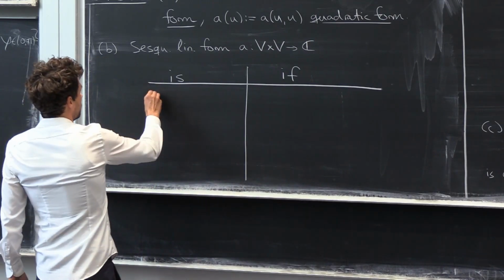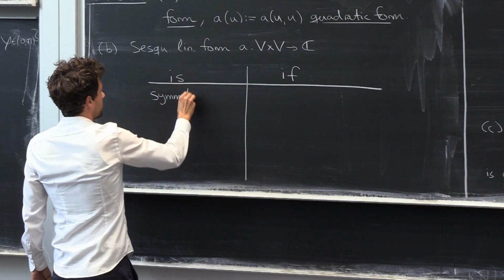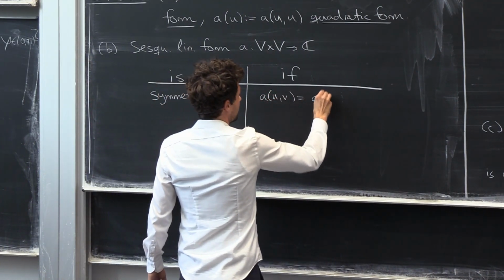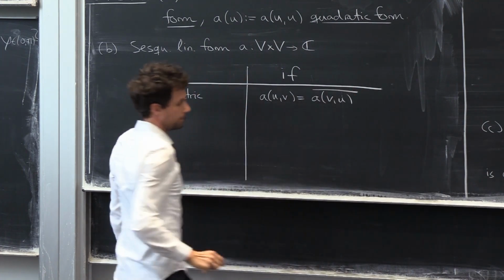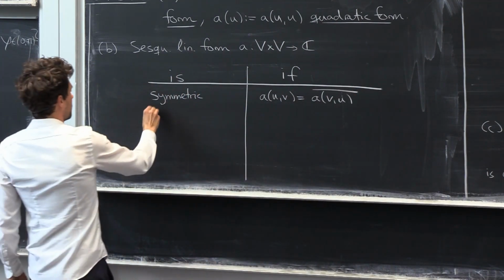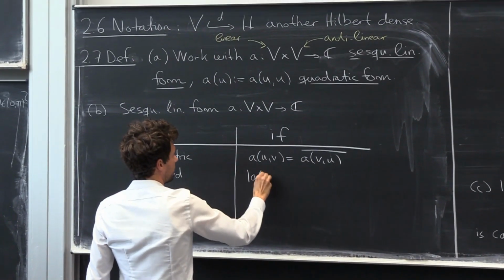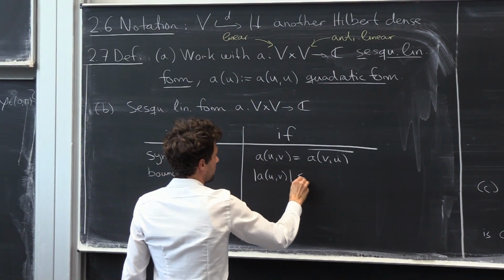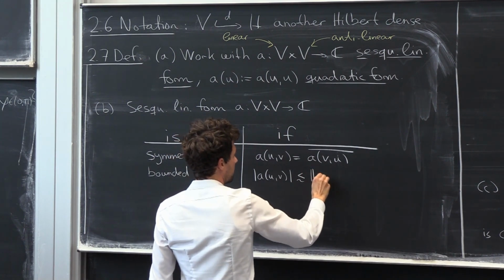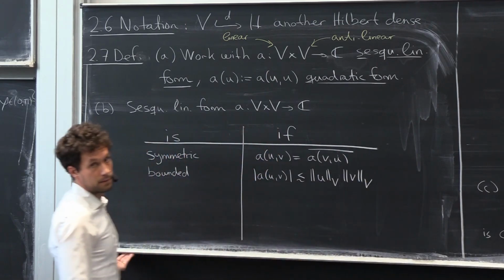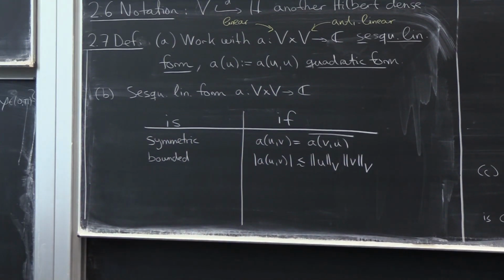Okay, so one notation that we're using is we say this form is symmetric if A of uv is the same as A of vu bar. And I say it's bounded if I can bound A of uv in absolute value by some constant times u in the V norm times v in the V norm. If you've seen a course on functional analysis, like the Lax-Milgram lemma, you will recall these sorts of notions.